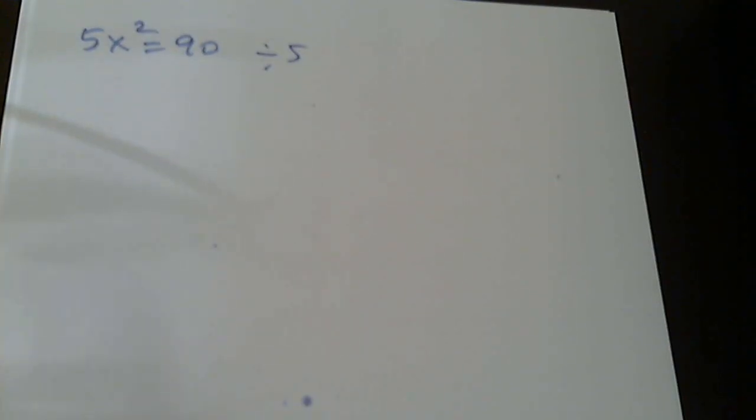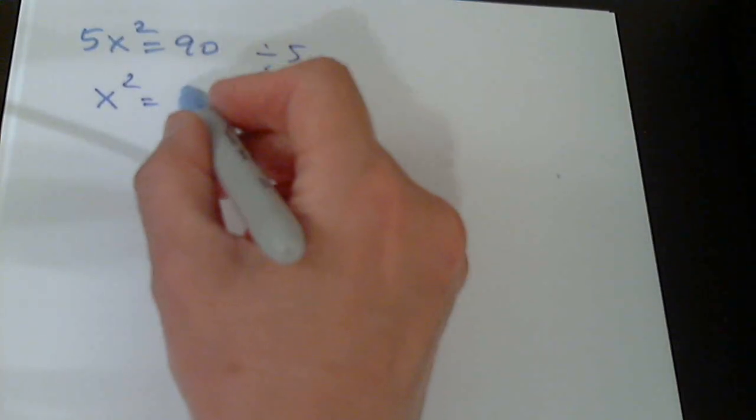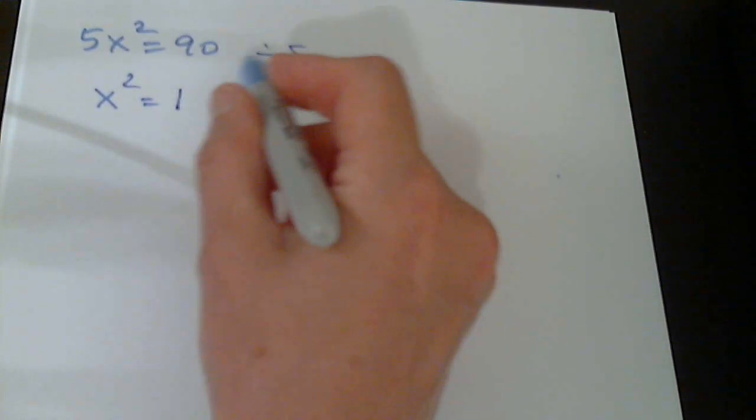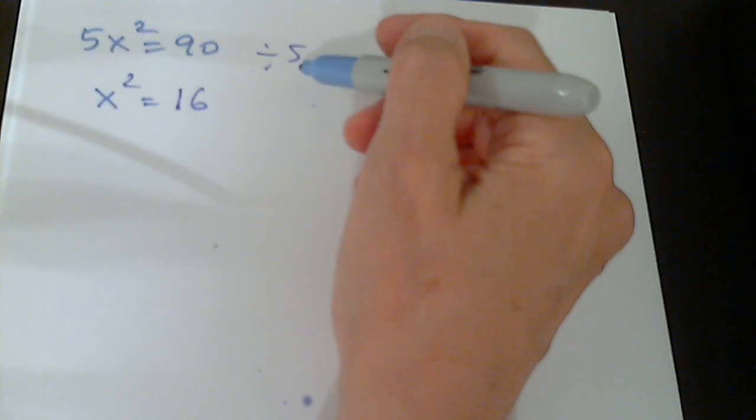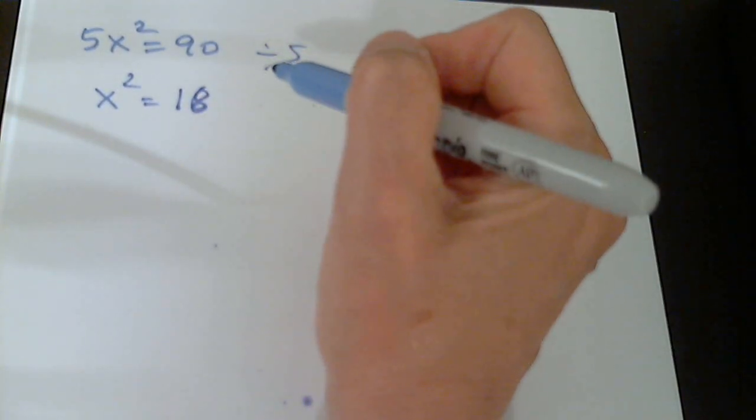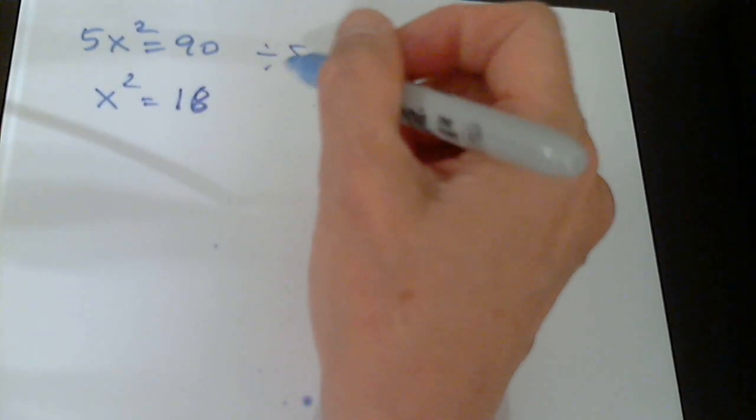Divide by 5. Of course. I will immediately divide both sides by 5 and get x squared equals, what is it? 16? What am I doing? 40. 14, right? Never mind, it's 16. Yes.